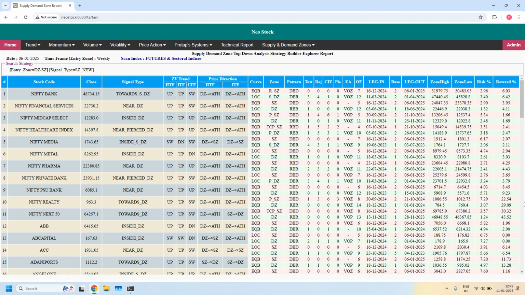Okay. So many stocks it seems. See the scroll bar. It's a very big gap. Anyway, first 15 stocks you are seeing in this list.